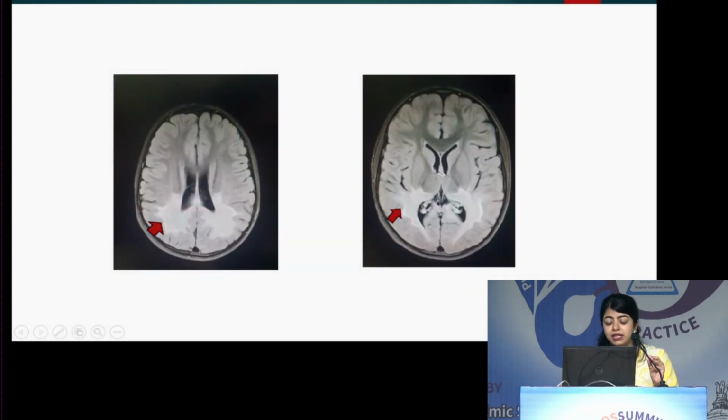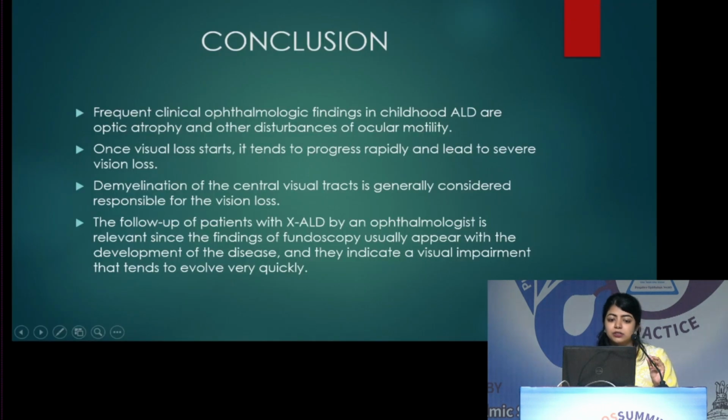Here is the MRI, which shows the T2 hyperintensity involving the deep white matter of the bilateral parieto-temporal occipital region, and it spares the cortical as well as the subcortical fibers. To conclude, the frequent clinical ophthalmological findings in childhood ALD are optic atrophy and other disturbances of ocular motility.